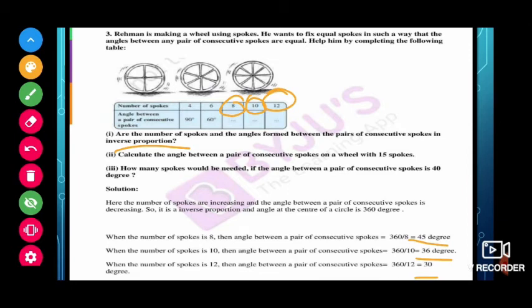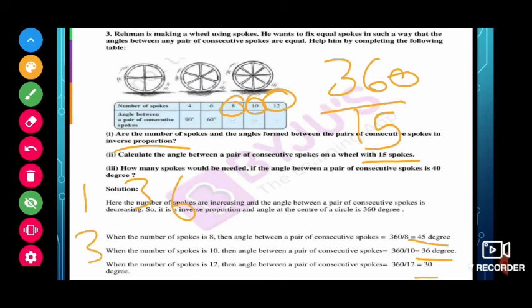Next, calculate the angle between a pair of consecutive spokes on a wheel with 15 spokes. If there are 15 spokes, what will the angle be? Same, 360 by 15. If you observe one difference, children: in direct proportion, if 1 kg of sugar is 36, then 3 kg means 3 into 36.